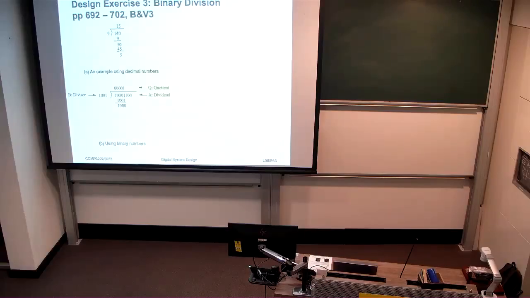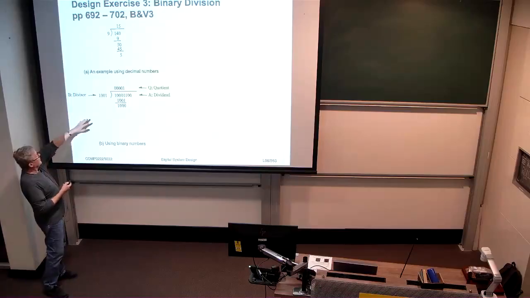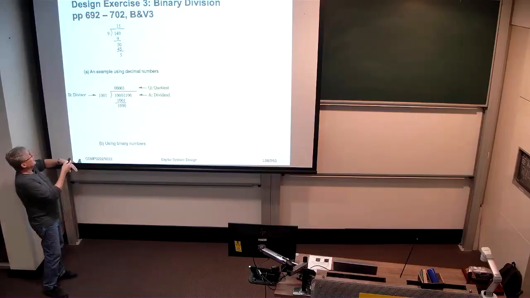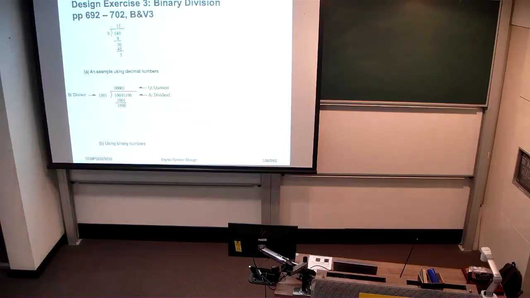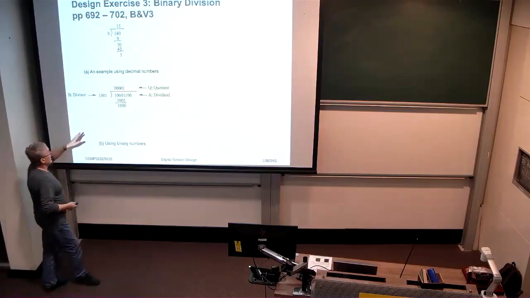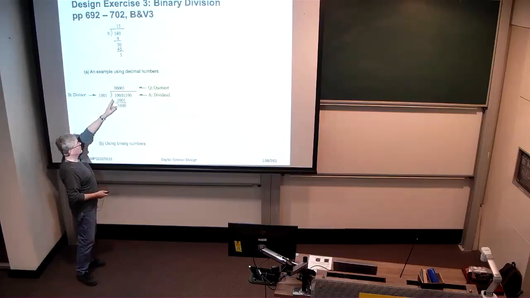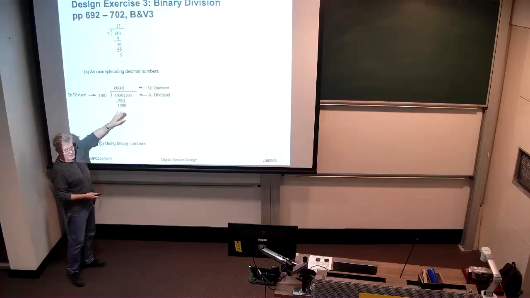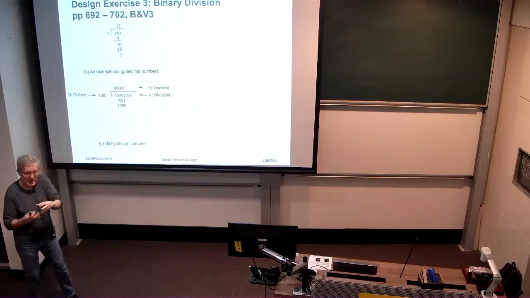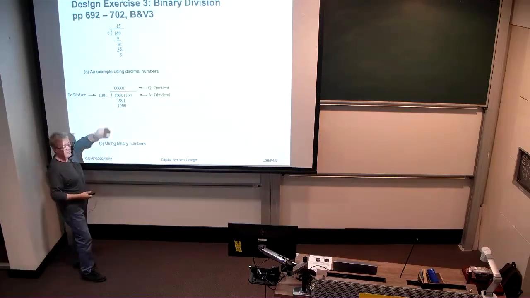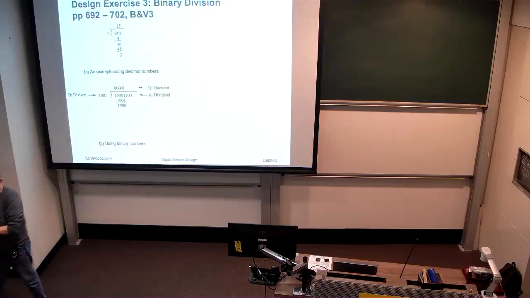So how do we do this in binary? Well, in binary it's done exactly the same way, pretty much. So this calculation here is exactly the same as this calculation. So you'll see how that works. But obviously now, what we need to do is scan the most significant bits of the dividend until we have enough bits available to be able to subtract the divisor from that number of bits.